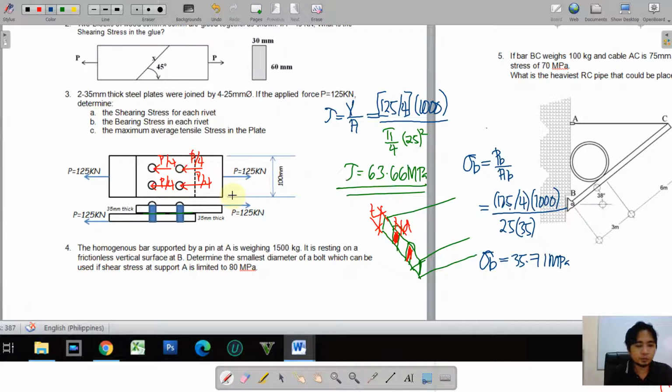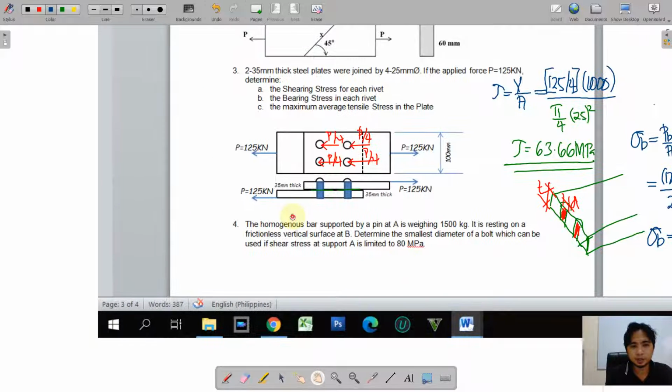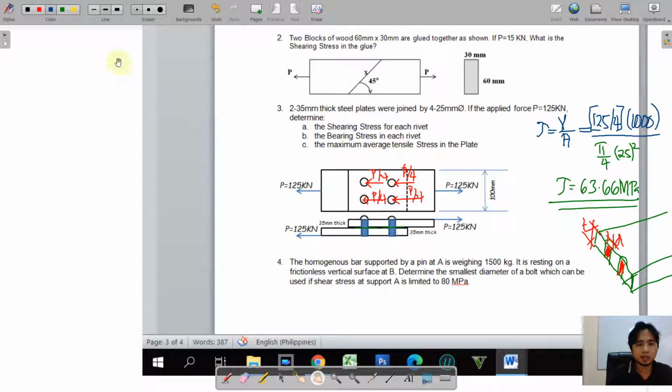For the last unknown, the maximum average tensile stress in the plate. Of course, if we have a tensile load, there will be a tensile stress. So we all know that the tensile area is the cross section itself. So the maximum occurs whenever this cross-sectional area is reduced by the space of the hole. So meaning your area is no longer complete because there is a hole in it.